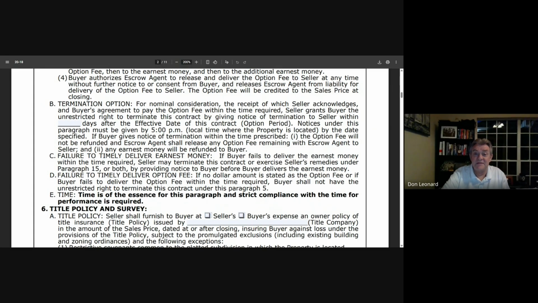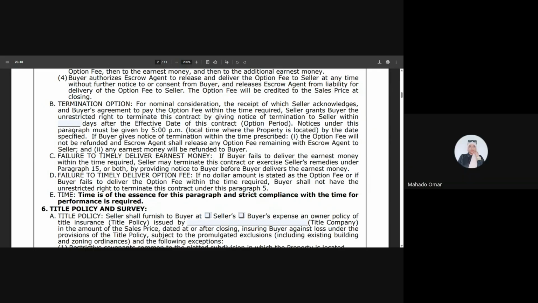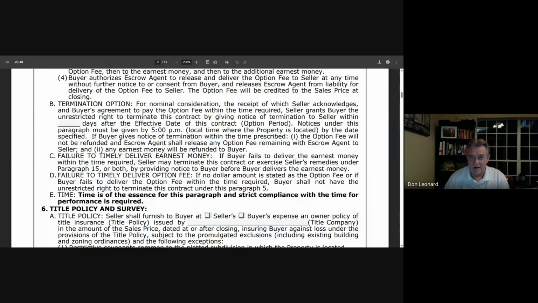You can only advise them as to what's going to happen or what could happen if they don't. And that's not practicing law, because it's right here in the contract. You can point it out to them. It's like, look, here's what could happen. If you don't deliver the earnest money, then the seller could terminate, but they might not, which means you're still under contract to buy that house.